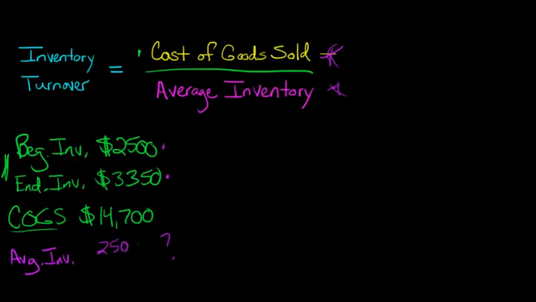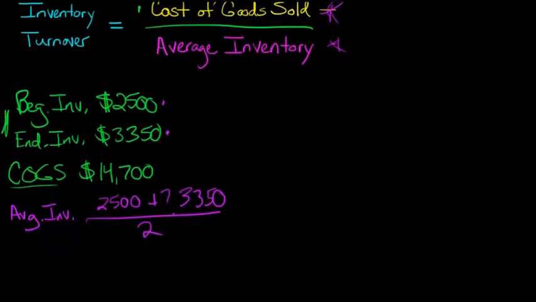So we take the 2,500 plus 3,350 and divide that whole thing by 2. What is that going to yield? $2,925. So our average inventory is $2,925.